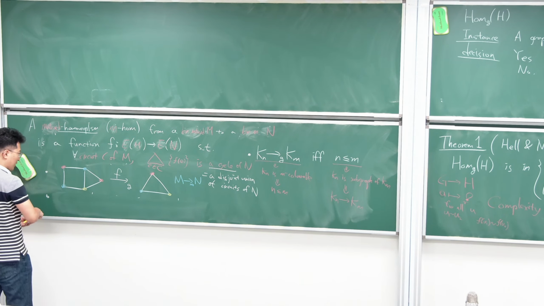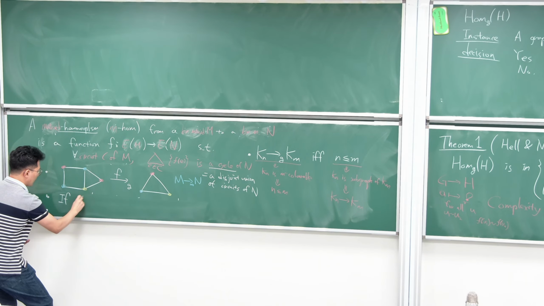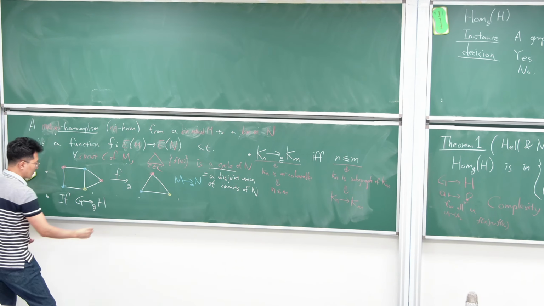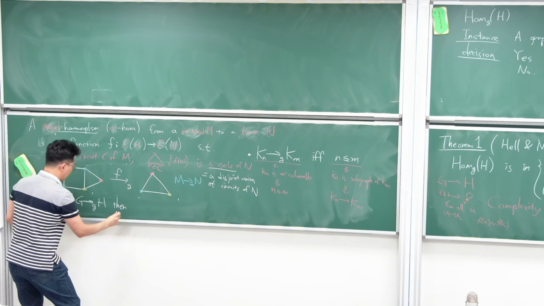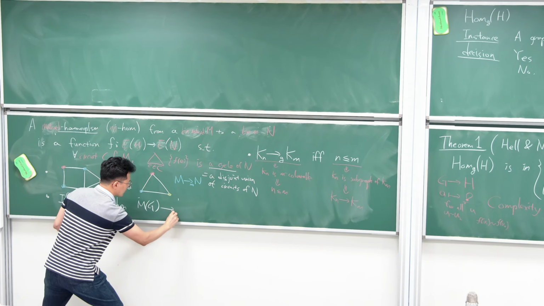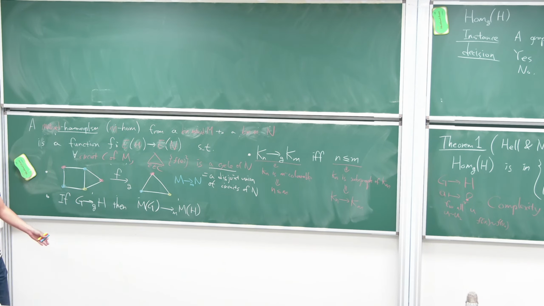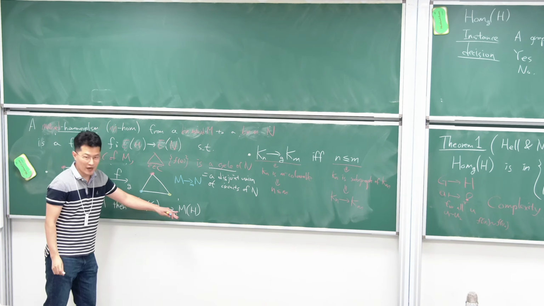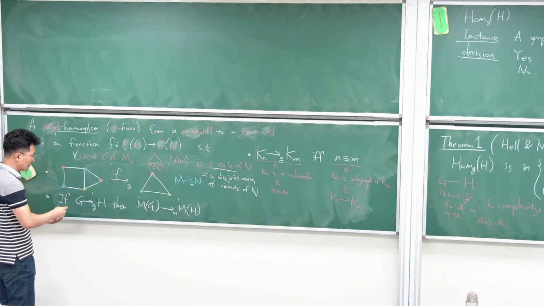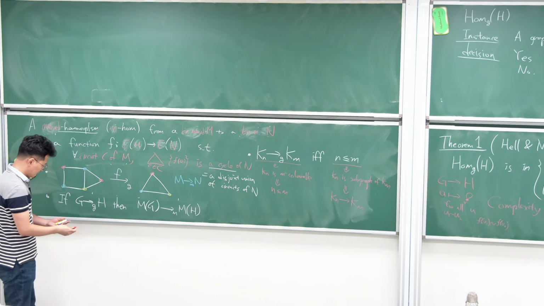So one easy remark is that if there's a graph homomorphism G to H, then there is a matrix homomorphism between these binary matrices. So F is given by this.